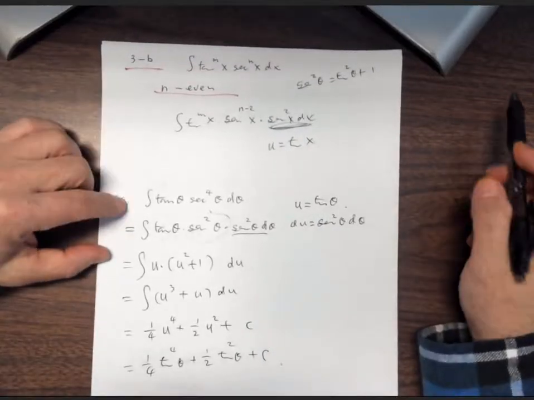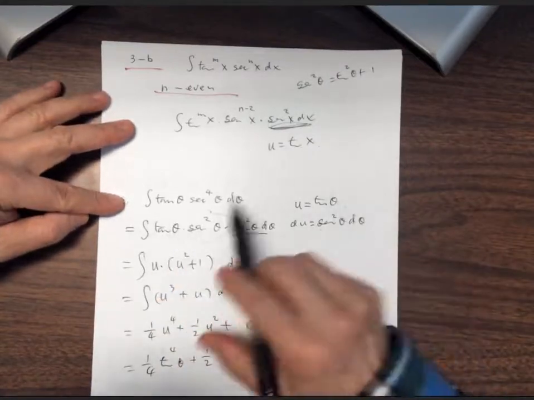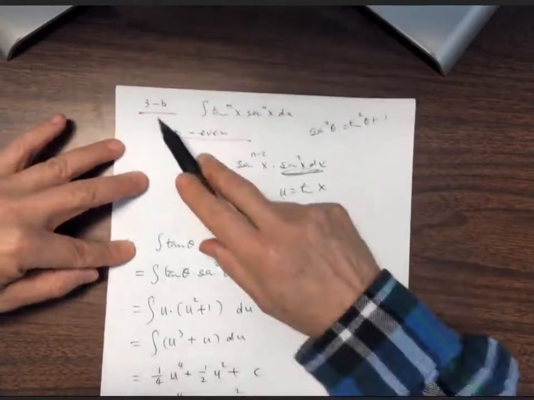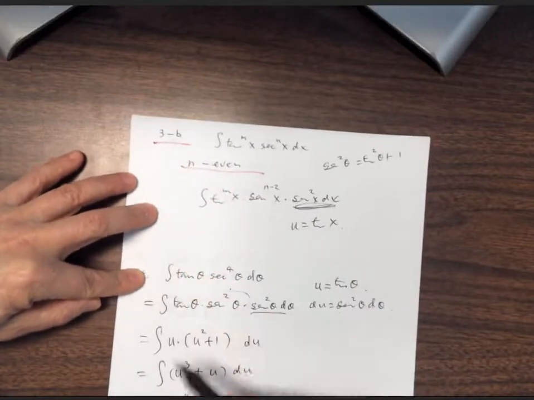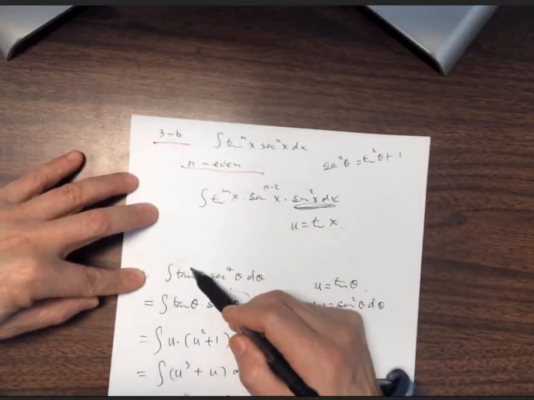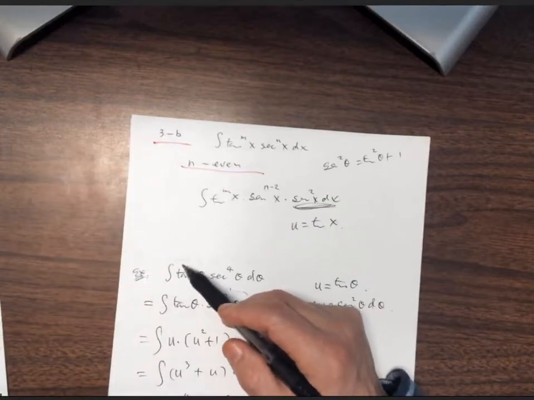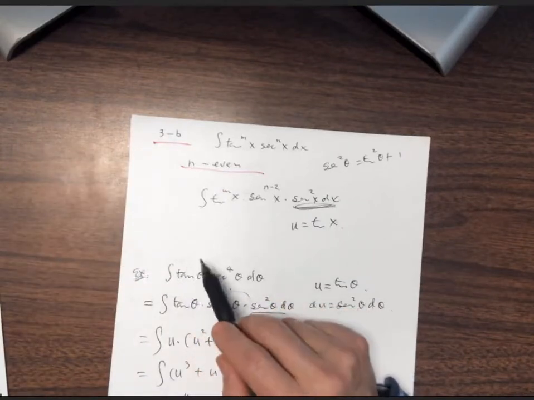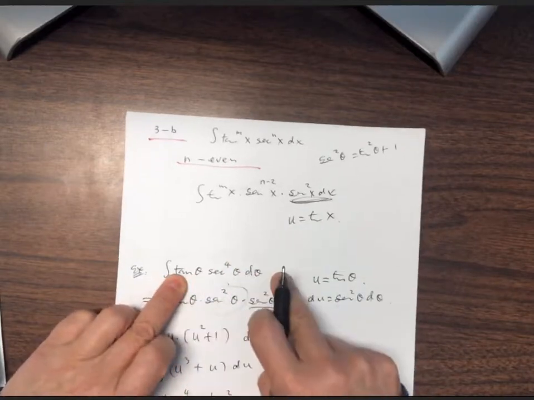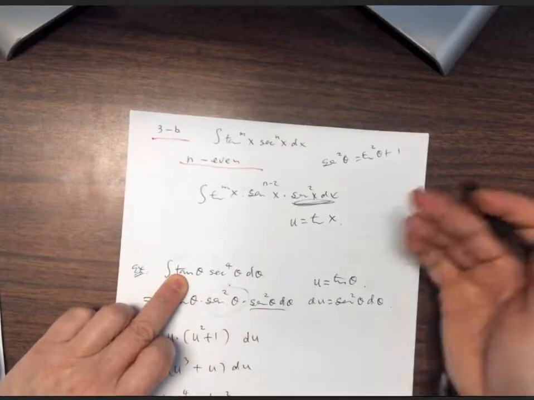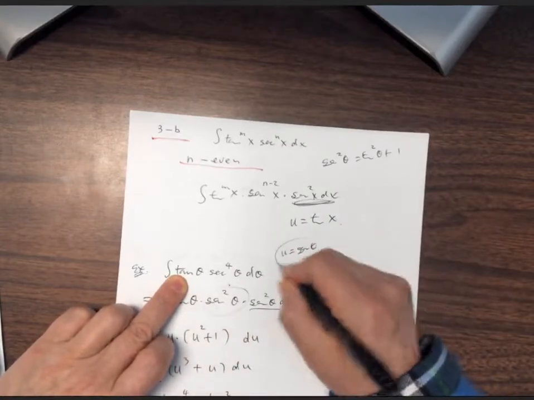Now this integral, I mentioned, is type 3b integral because it's even. It's also type 3a because it's r. Now, if you treat it as a 3a, you would get a copy of this, back a copy of that, and try u equal to secant, that kind of substitution.